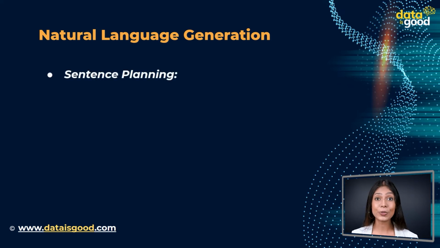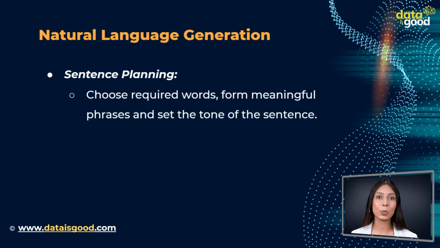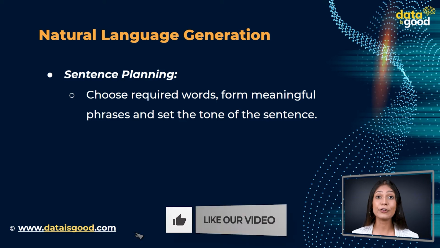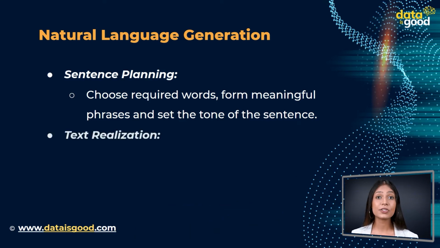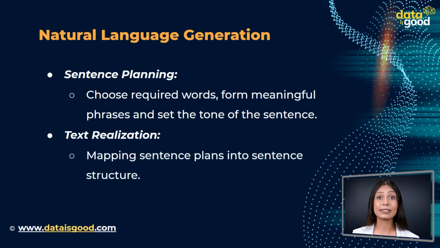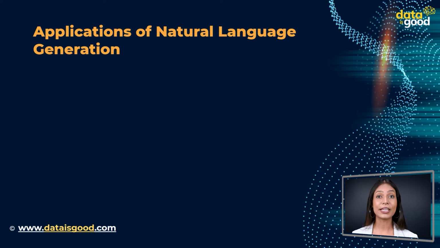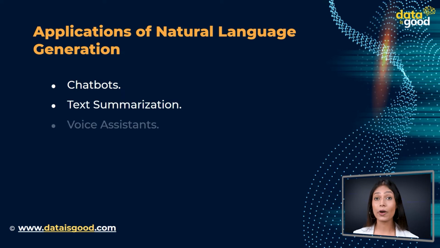Sentence planning includes choosing required words, forming meaningful phrases, and setting the tone of the sentence. Text realization is mapping sentence plans into sentence structure. The applications of natural language generation include chatbots, text summarization, voice assistants, and image captioning.